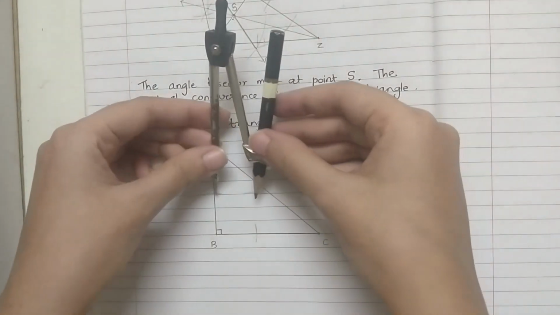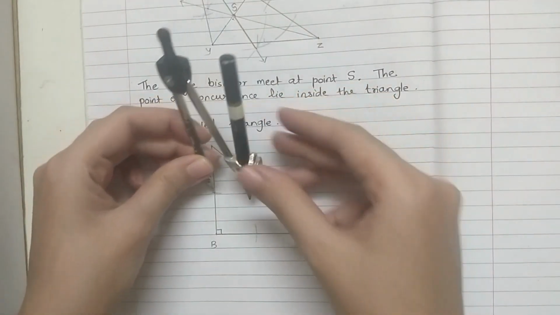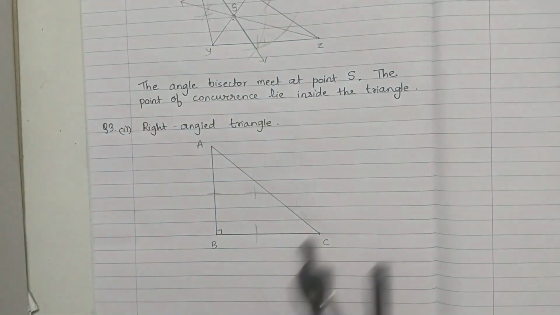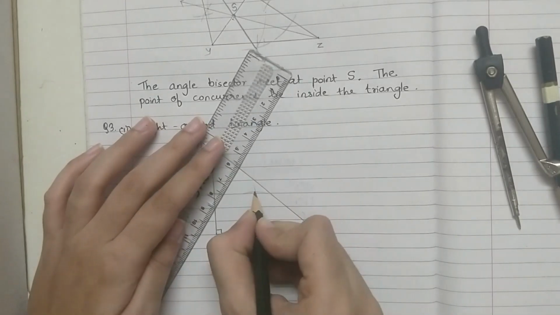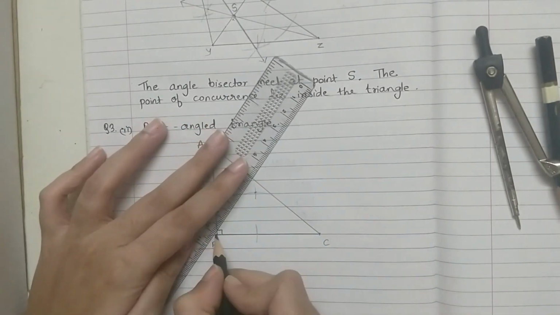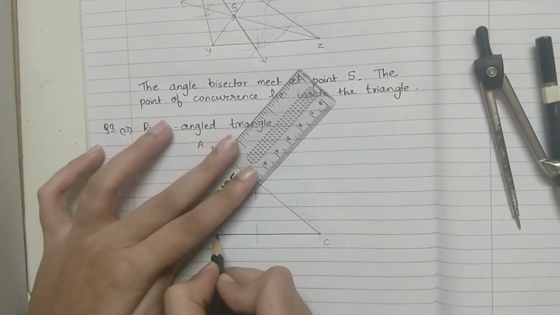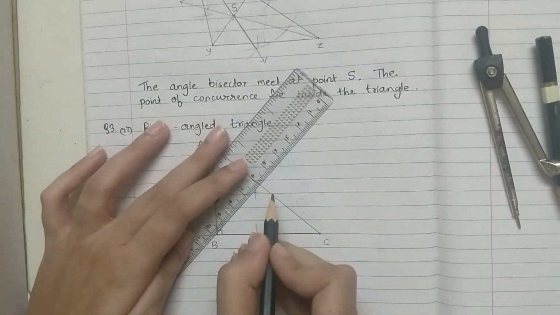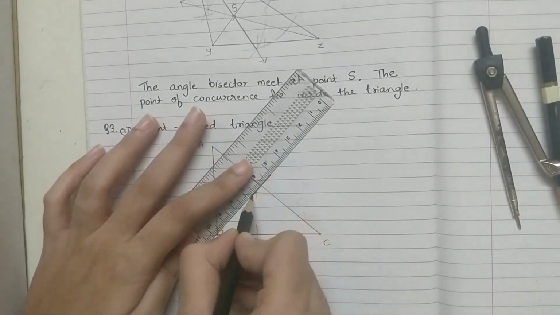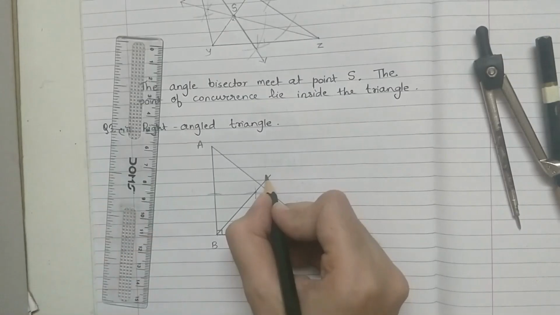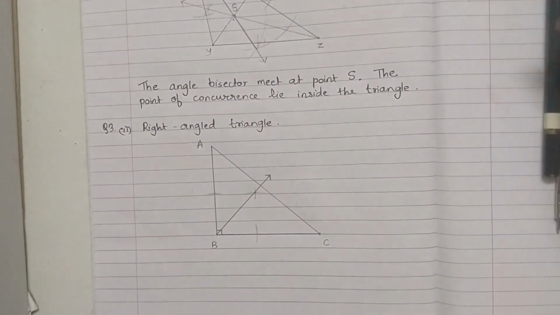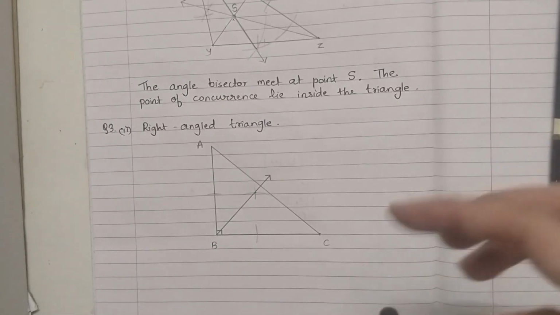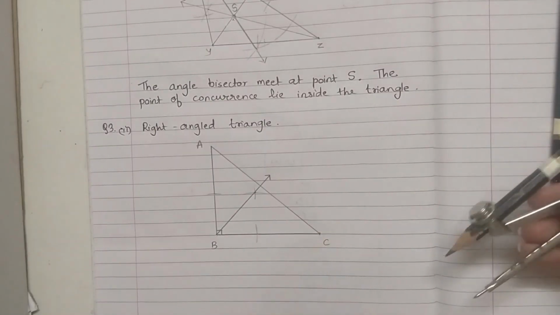Once these arcs are made on the arms, we are going to again make two arcs which intersect each other, then darken the intersecting point and make a straight line from this intersecting point to angle B. So this is our angle bisector for angle B. In the same way, we are going to make the angle bisector for angle C also.